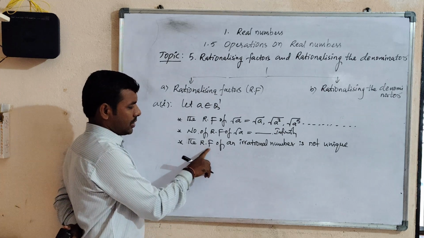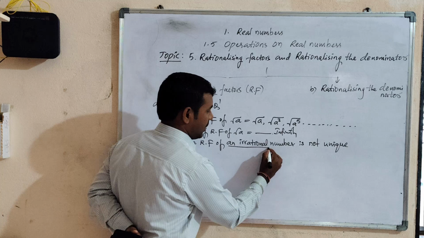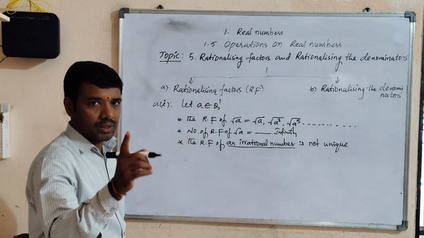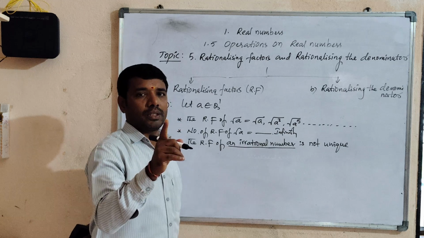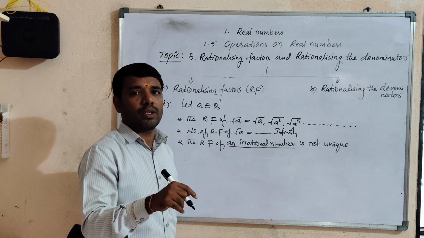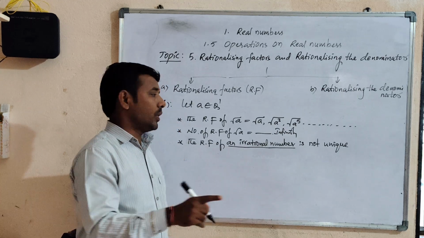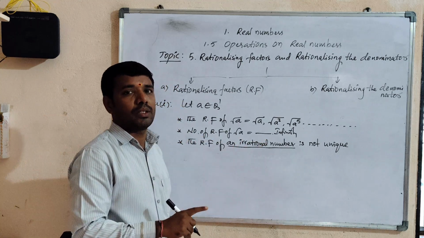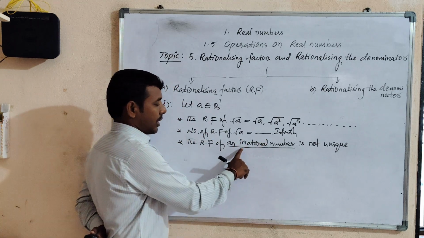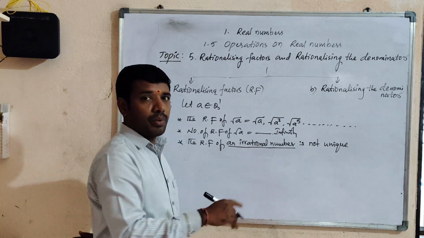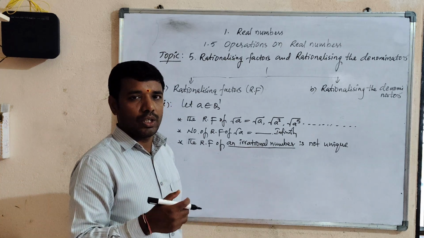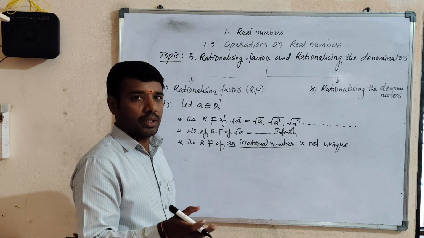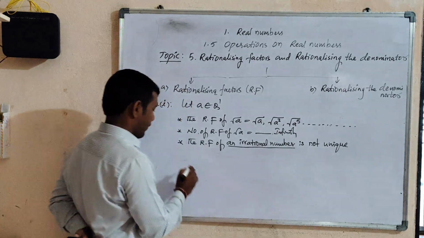The rationalizing factor of an irrational number is not unique. In a sense, it has many answers. It has many rationalizing factors. That's why I mentioned not unique. Nothing but it doesn't have a single answer. Many are there. That's why I mentioned they're not unique.